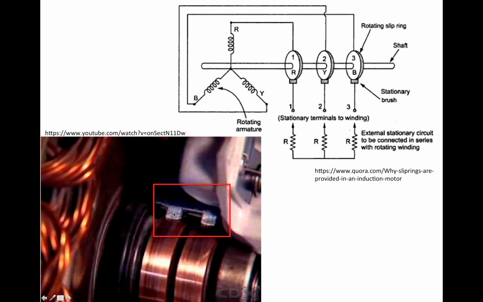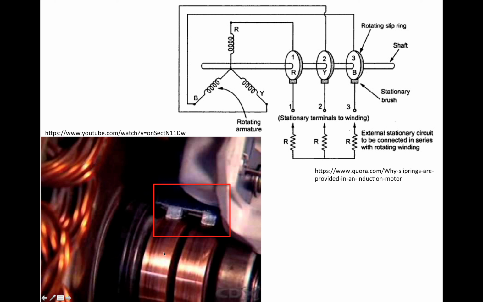they are constantly in contact with the end of the windings that are connected to the slip ring. Usually those brushes are made of a combination of copper and carbon.